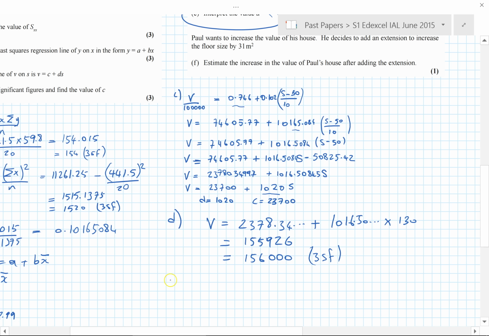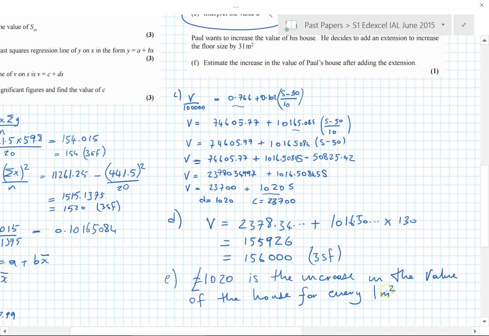We would say something like £1020 is the increase in the value of the house for every 1 meter squared extra floor space.